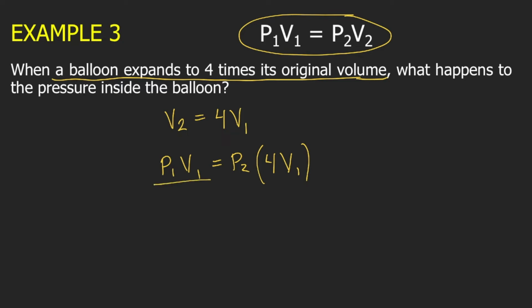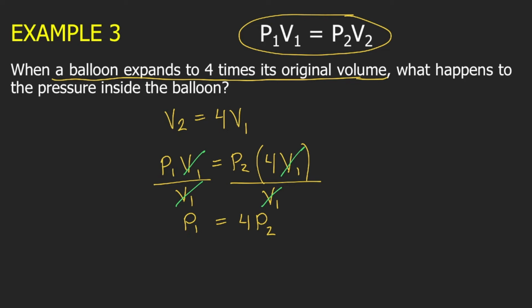You can divide both sides of the equation by V1. V1 will cancel. On the left side, what remains is P1. And on the right side, V1 also cancels out, so what remains is 4 P2.